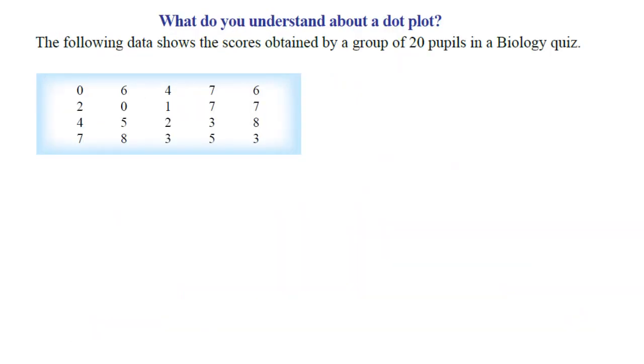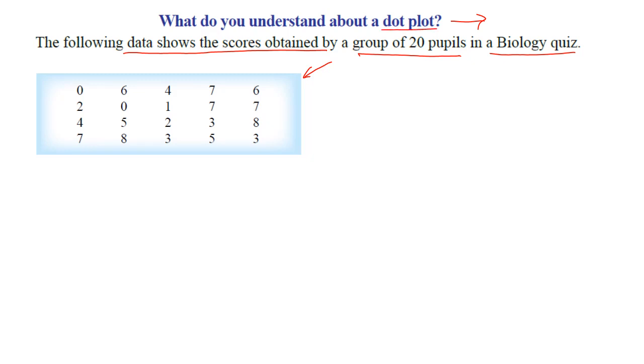What do you understand about a dot plot? You have the following data: scores obtained by a group of 20 pupils in a biology quiz. This is your raw data, and you have to transfer it into a dot plot.